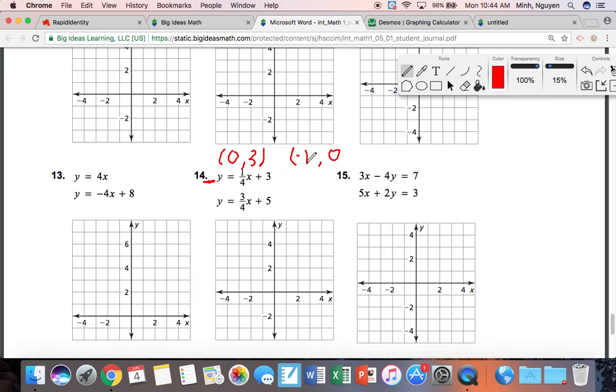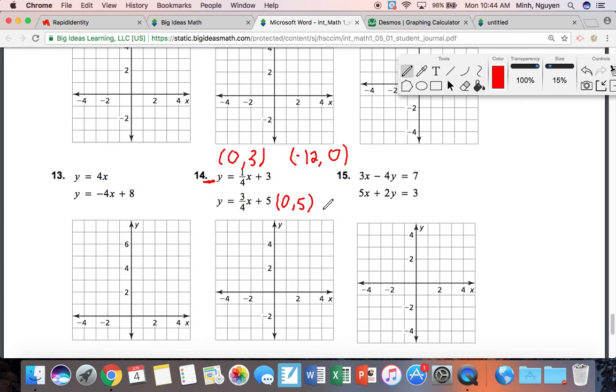What? It doesn't even give you space to graph this. Okay, well, I'll figure it out. This one would be 0, 5. And, oh boy, this is awkward.